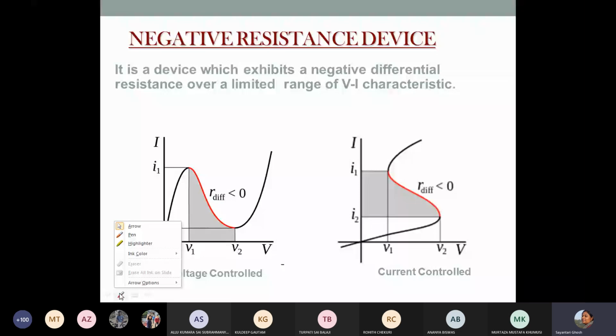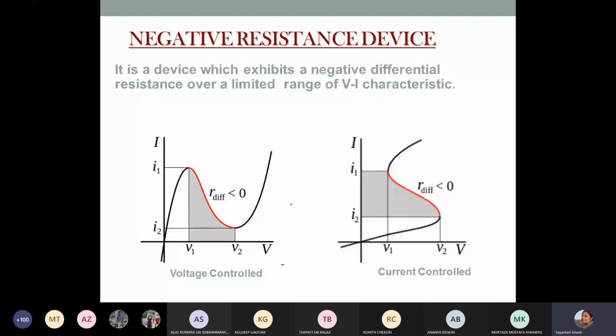It's either a rotated S or a straight S, but there is a region where this negative differential resistance is present. But there could be other interpretations of negative resistance as well. I will try to introduce two such things today.